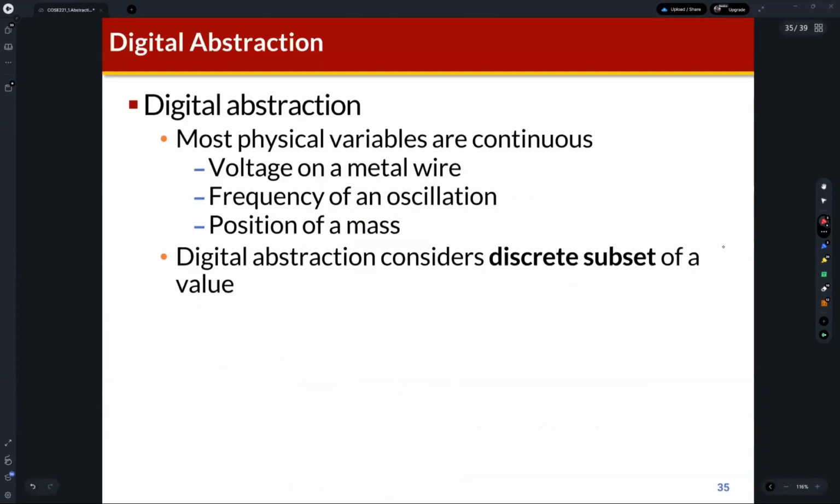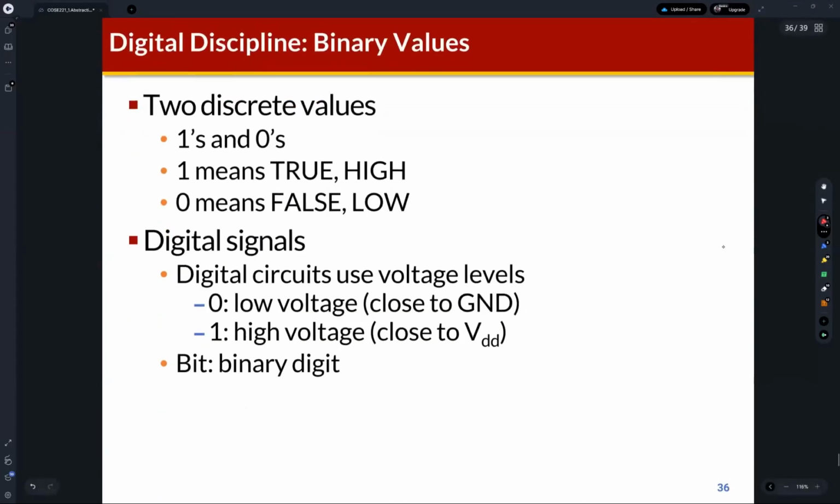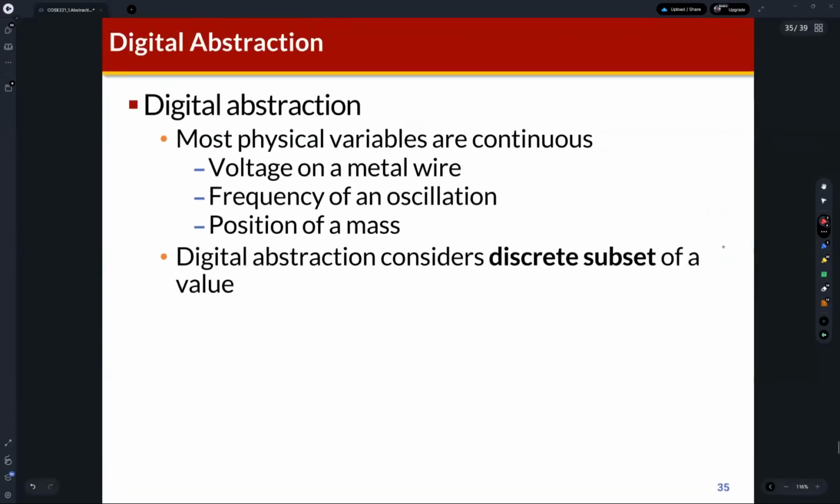The abstraction is also the signal. Actually, I said the system handles digital signals. Digital signals are also a kind of abstraction, because complex analog signals can be represented using simpler digital signals.